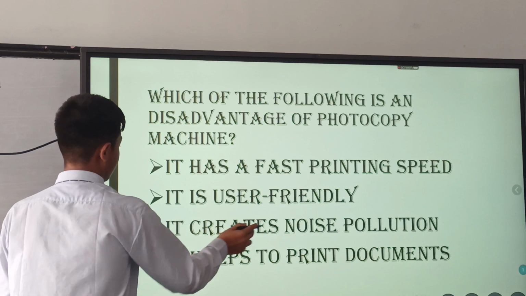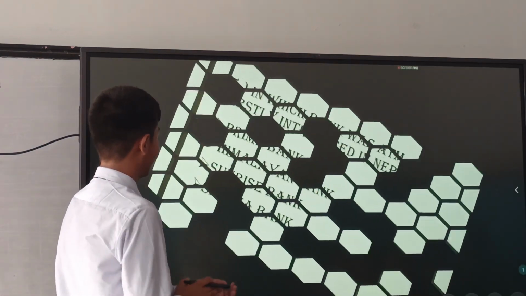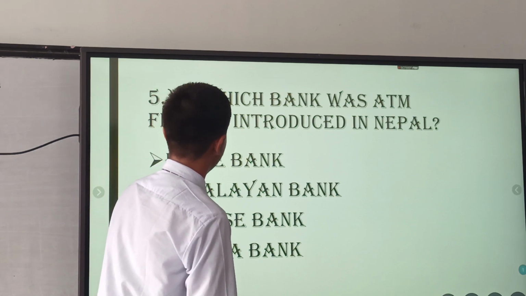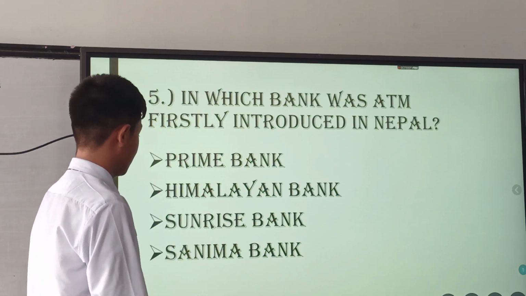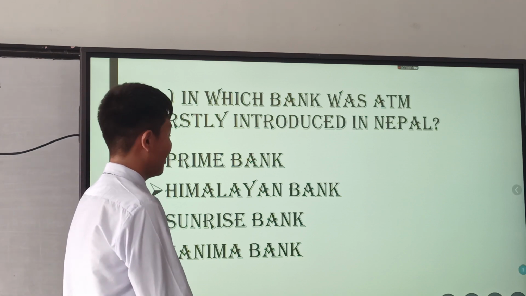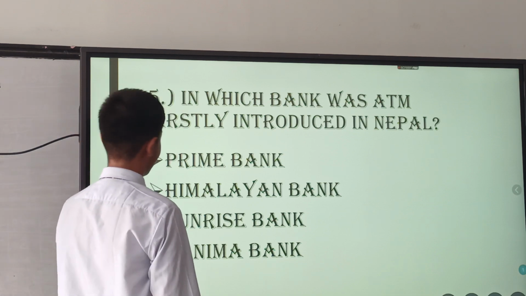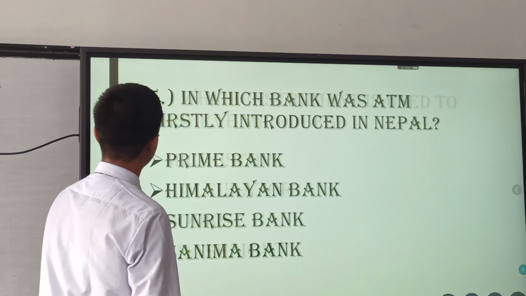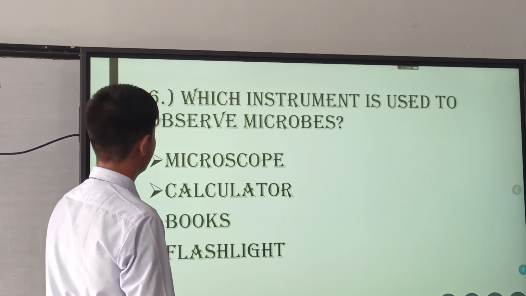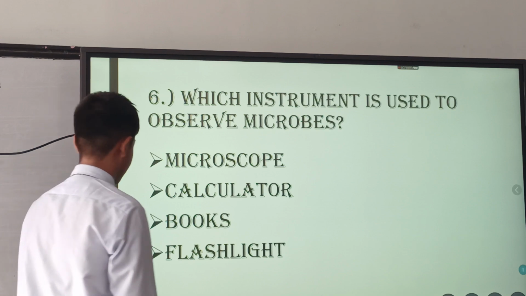In which bank was ATM first introduced in Nepal? Himalayan Bank. Himalayan Bank was the first bank in Nepal. Thank you. The sixth question is, which instrument is used to observe microbes? Correct answer.